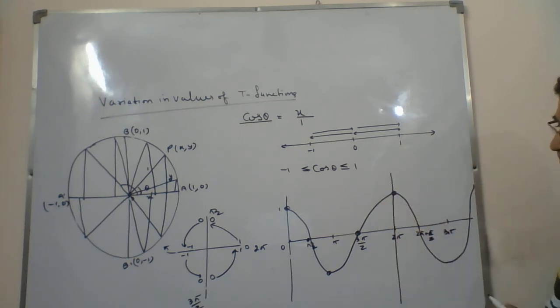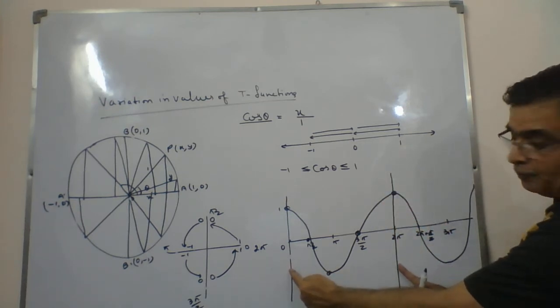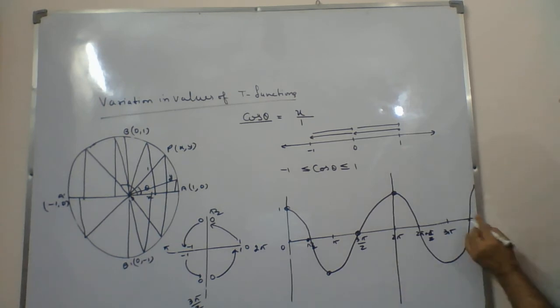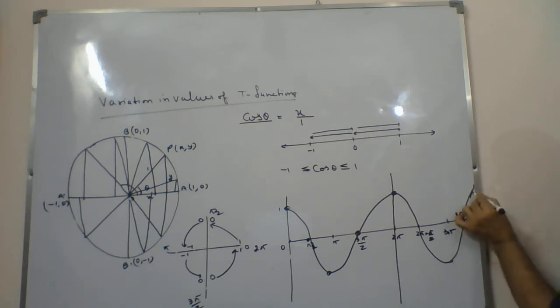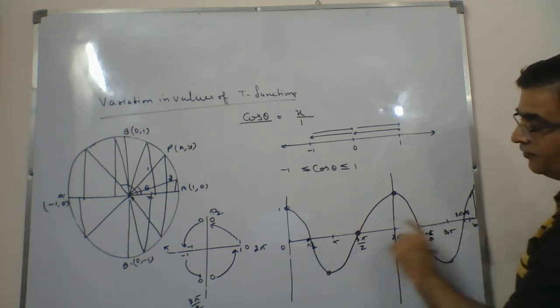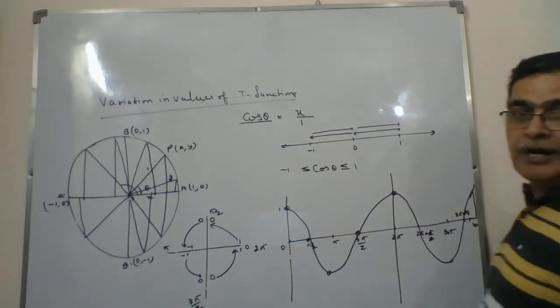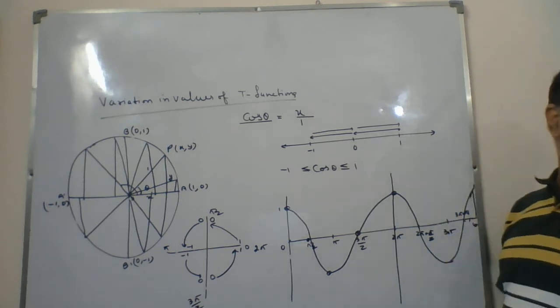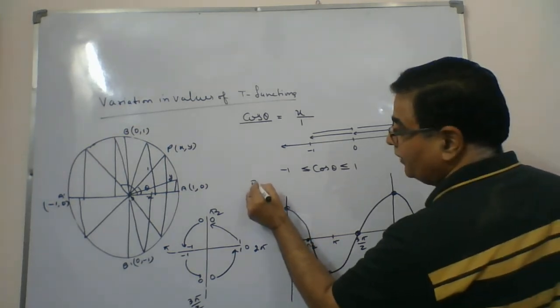Whatever was in 0 to 2 pi, now from 2 pi to 4 pi the curve will be like this. So this curve is going to repeat after every 2 pi, so we will call this a periodic function with period 2 pi.